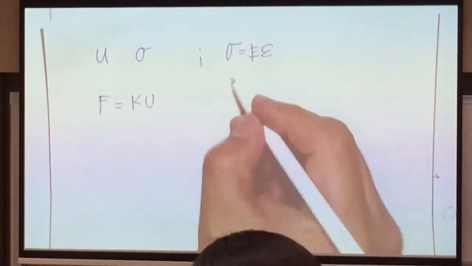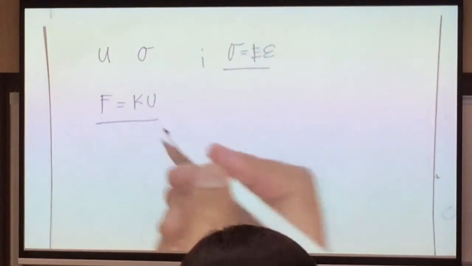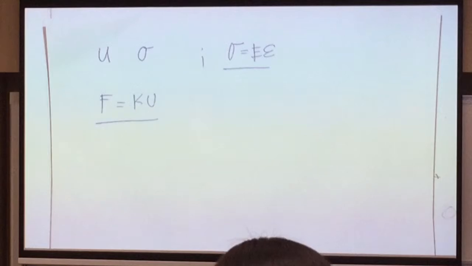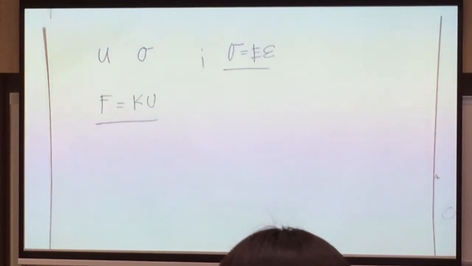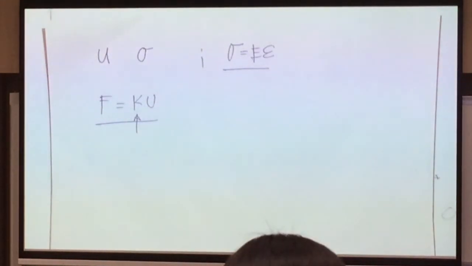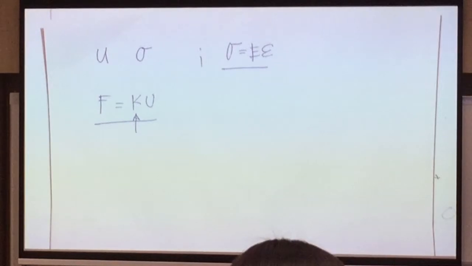Right? So this one is your constitutive equation for finite element. Nothing changes really. Now, there's a difference between 1D and 2D when it comes to stiffness. If you can recall, we've done a lot of skeletal structures last time.